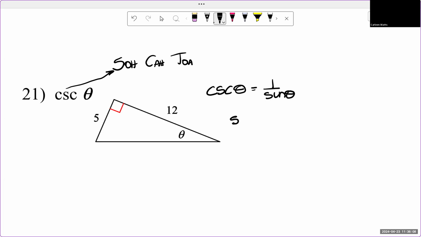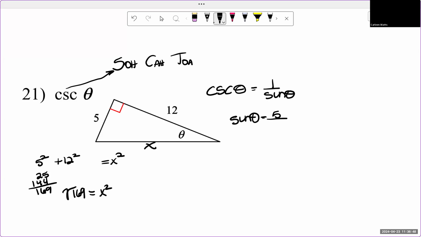So sine theta is opposite over, oh no, we need the hypotenuse. Pythagorean theorem. 5 squared. This is the hypotenuse. It goes alone. This is a Pythagorean triple. I recognize this one. So we have 25 and we have 144 is 169. Take the square root.